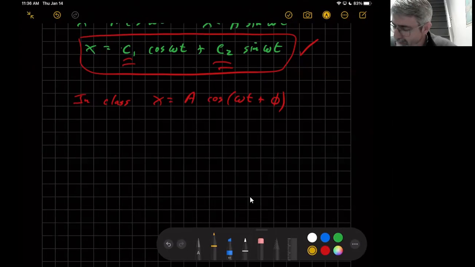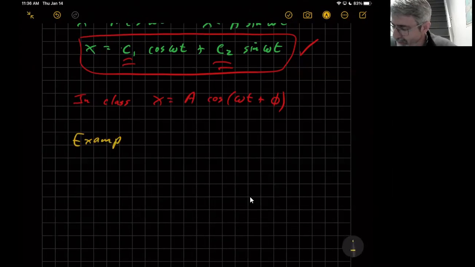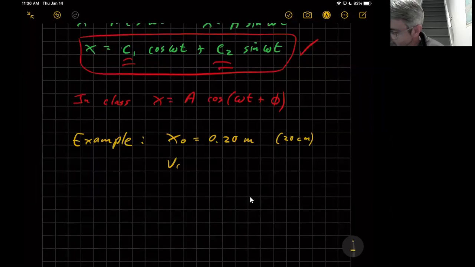Let's let an oscillating system begin with x naught equal to 0.2 meters, which by the way would be 20 centimeters, and v naught is equal to -1 meter per second.